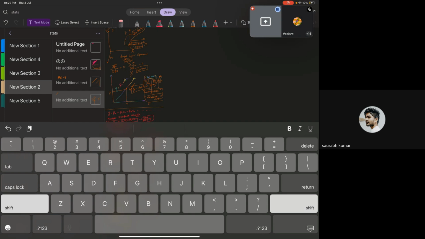I've taught you 2 to 3 methods of feature engineering. Yes or no? How to convert polynomial features into linear features I've taught you. I've also taught you how to feature engineer to include both the variables and still make a linear regression with the help of feature engineering. Yes or no? Combining both the features. All this is nothing but feature engineering, guys.